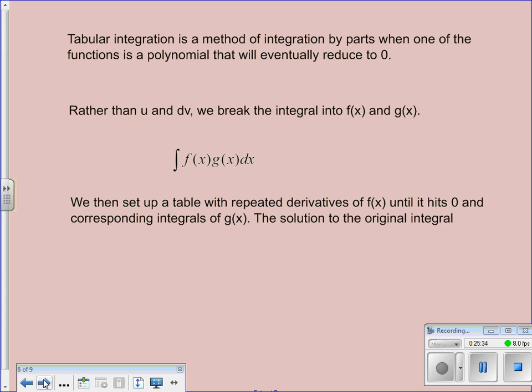Tabular integration is a way of doing UV substitutions if you have a polynomial to a higher power that is going to take a little while to go away.